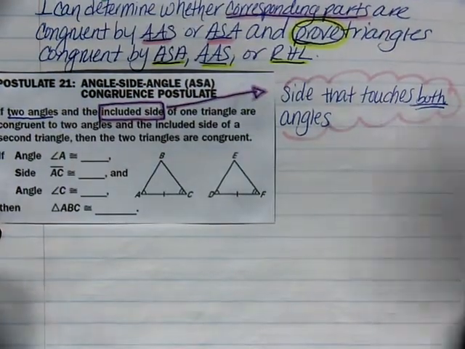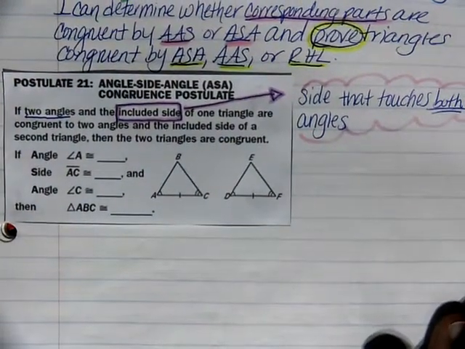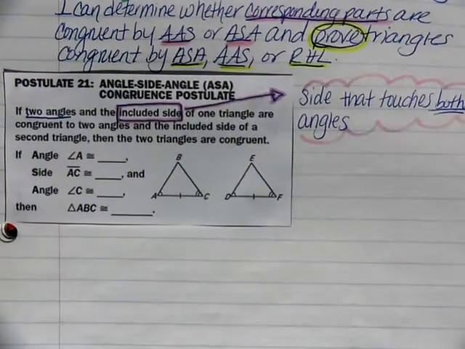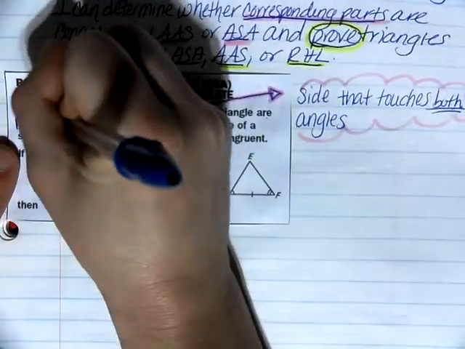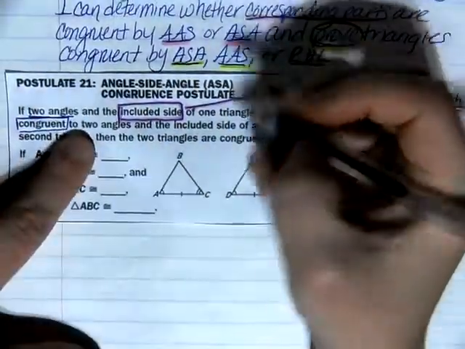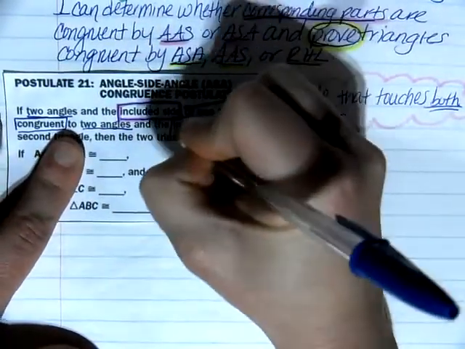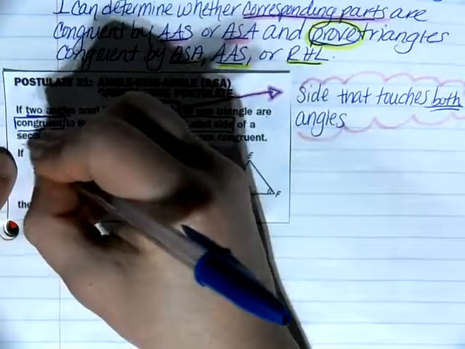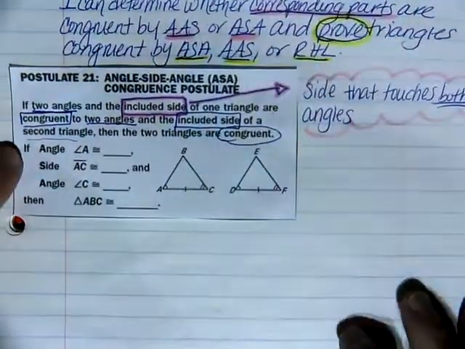So if 2 angles and the included side, or the side that touches both angles, or the side that's between both angles of one triangle are congruent to 2 angles and the included side of a second triangle, then the 2 triangles are congruent.